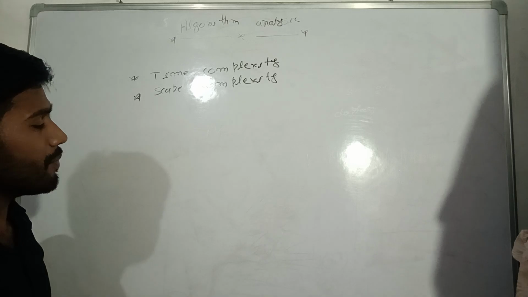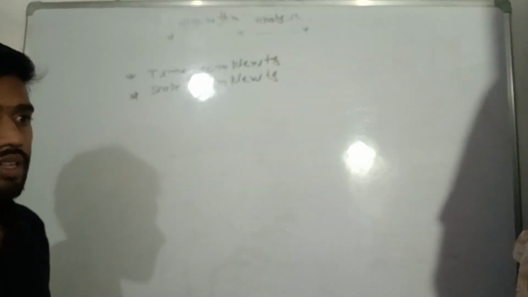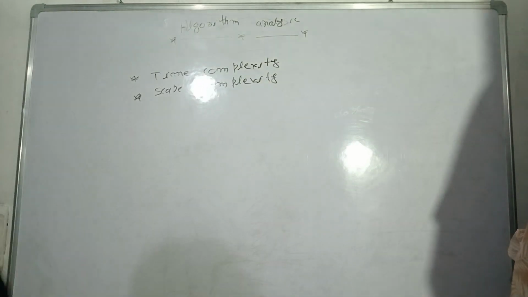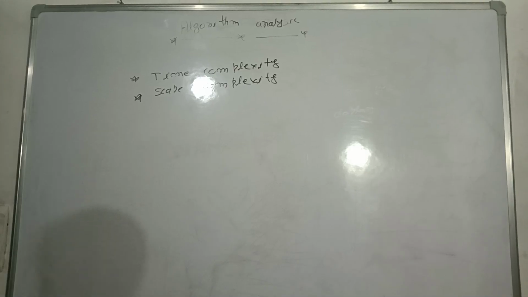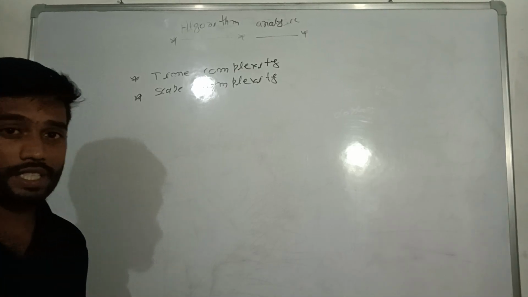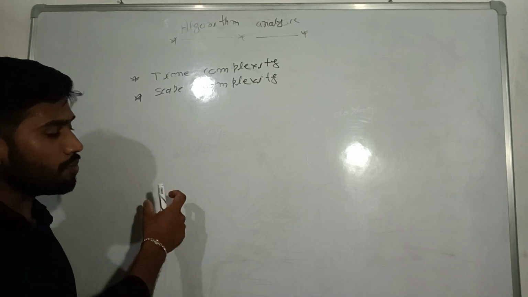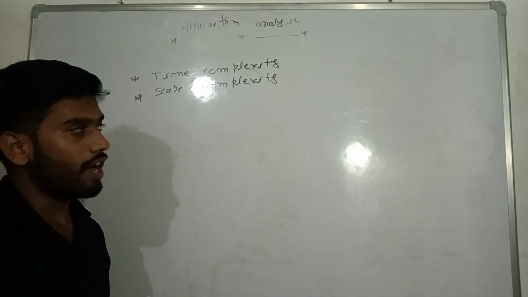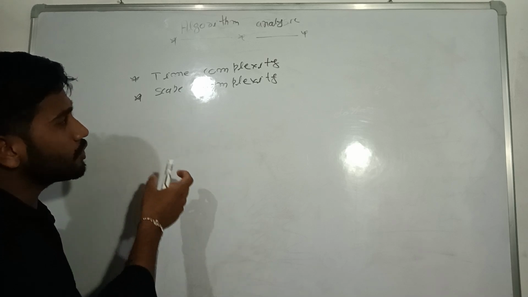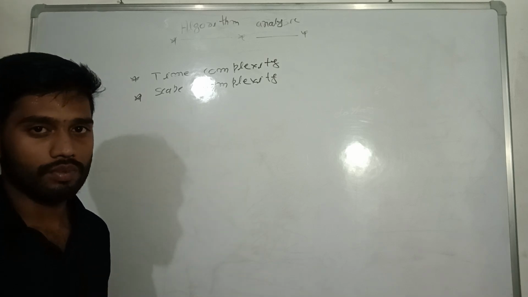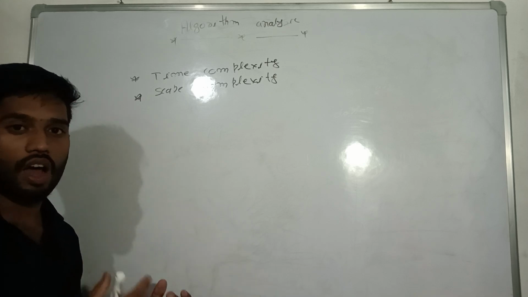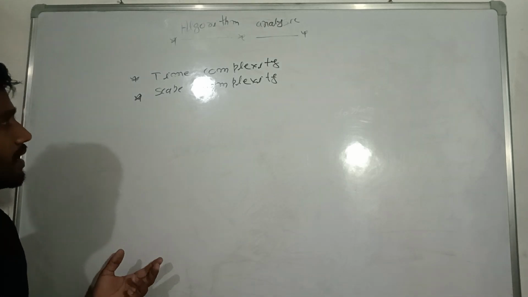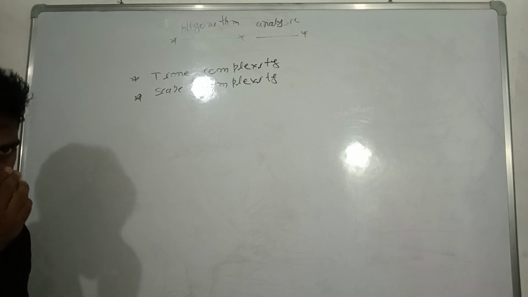Now the time complexity: how much time the algorithm takes to execute the program, the amount of time to produce the output by the algorithm, that is time complexity.